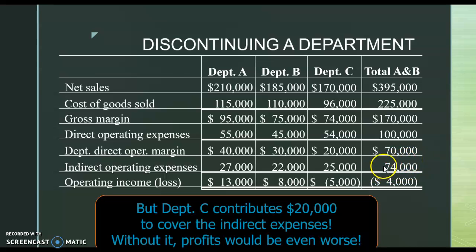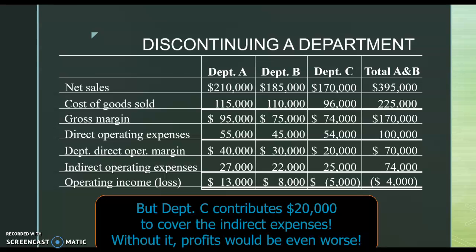That hasn't changed. But now I only have $70,000 of direct operating margin for the store as a whole, minus $74,000. Now I have an operating loss for the store as a whole. Before, I had net operating income for the store as a whole.